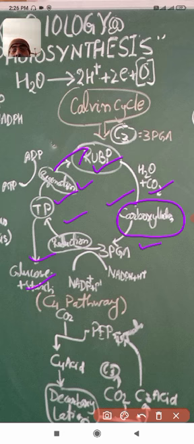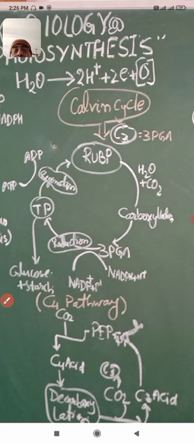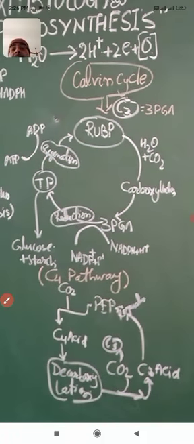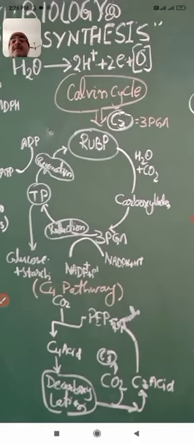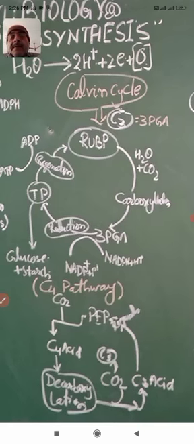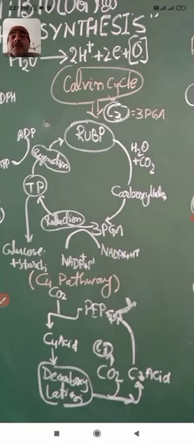And now let us see about another thing, and that is the C4 pathway. What is the C4 pathway? What are the C3 plants and what are the C4 plants? My dear student, as you know, the mesophyll are the cells which perform the process of photosynthesis.